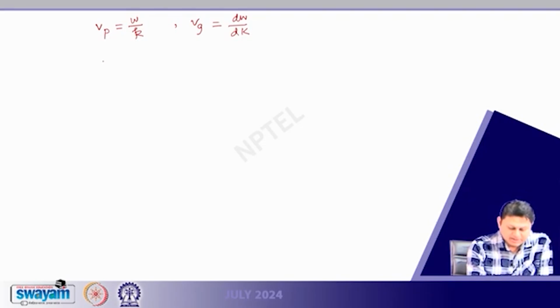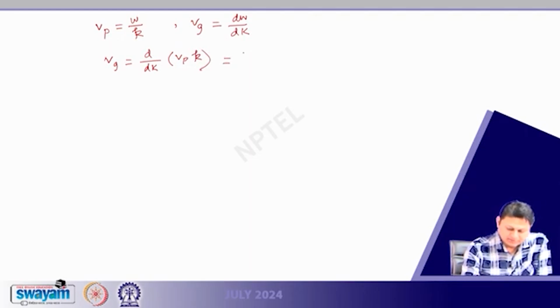So, Vg I can write in terms of Vp. Vg, which is d omega by dk, I can write as d by dk of Vp multiplied by k.